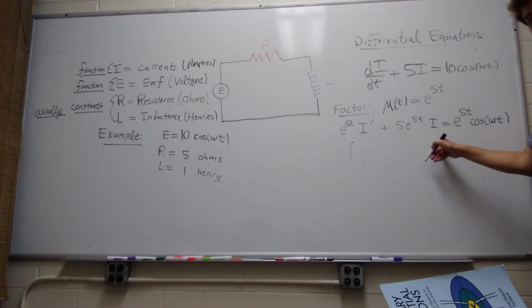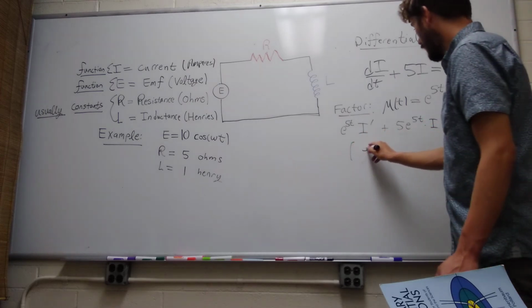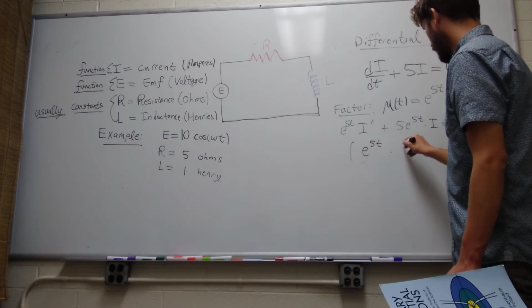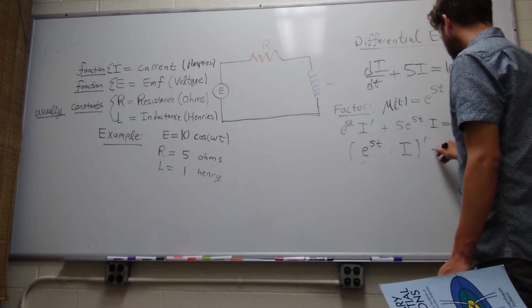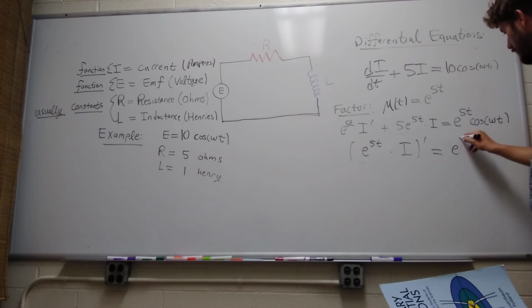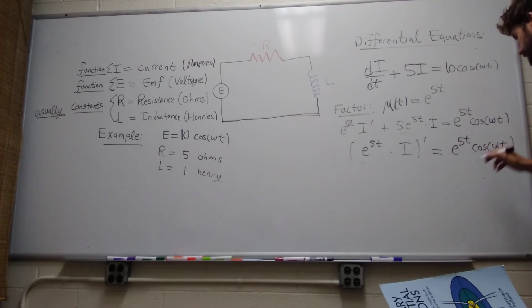This, by the product rule, just becomes e to the 5t times I, prime, which is equal to e to the 5t cosine omega t.